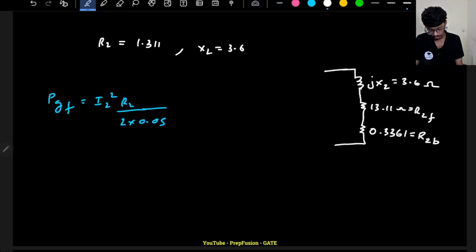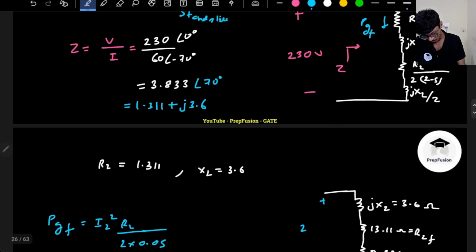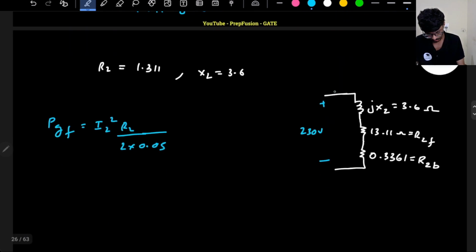So this is my value basically. So now can I calculate the new current, because the voltage applied is still the same, that is 230 volts. I have to calculate the I2 at this particular slip, right?